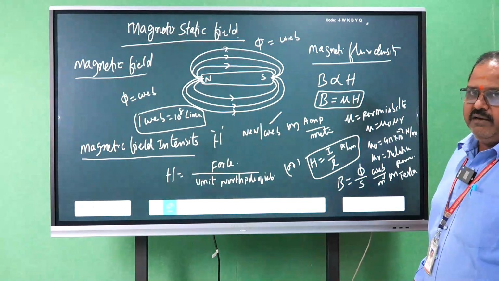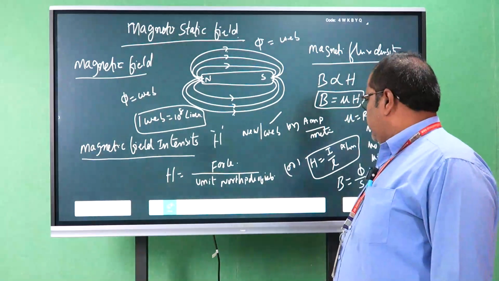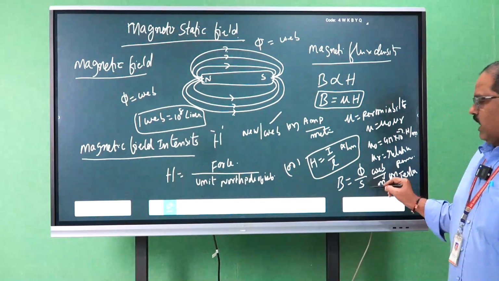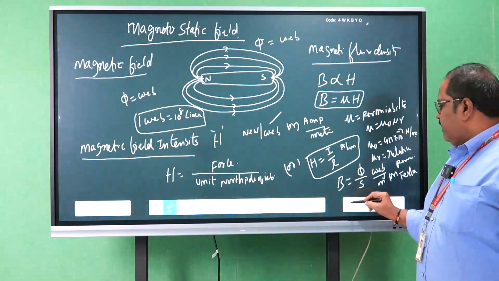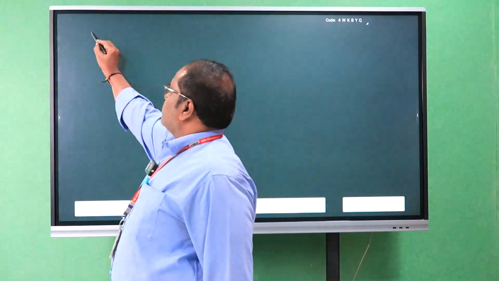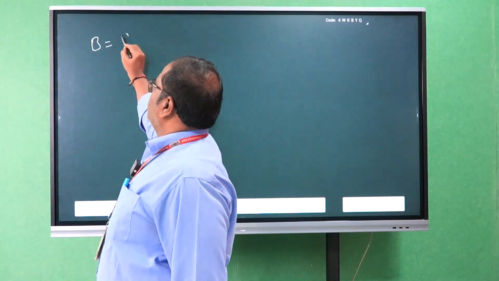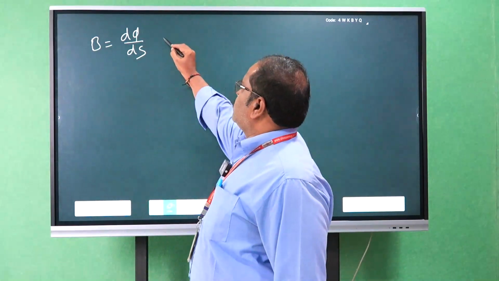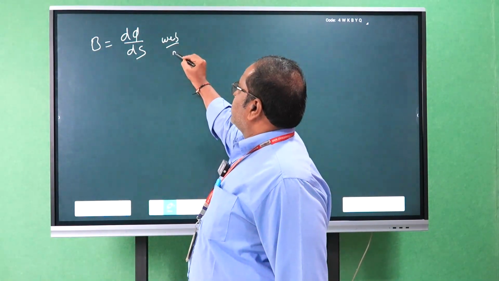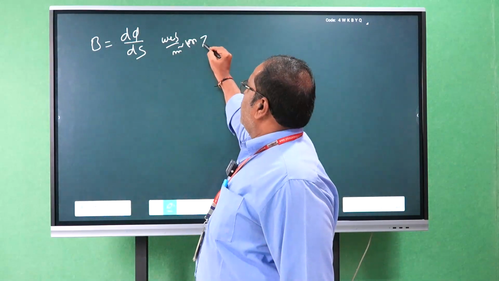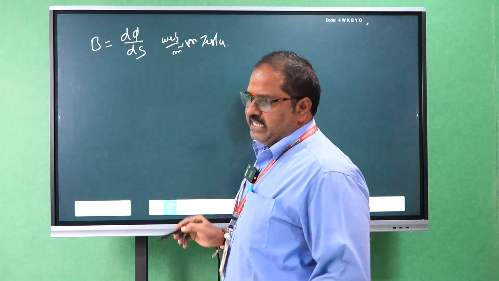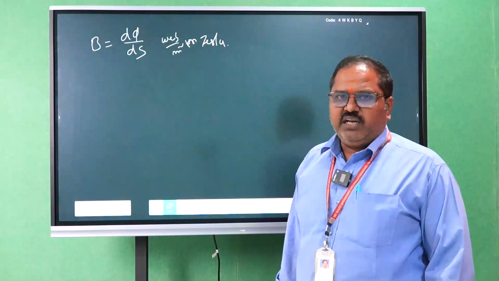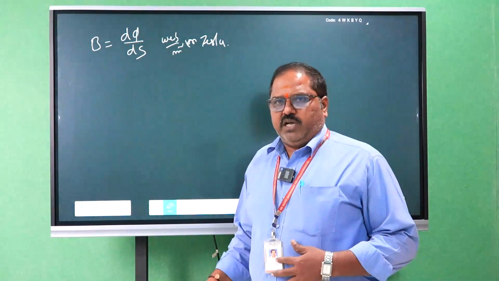Therefore B is equal to psi by S, or B is equal to d psi by dS. This is the basic concept of the magnetostatic field.